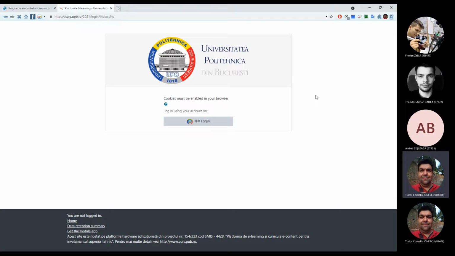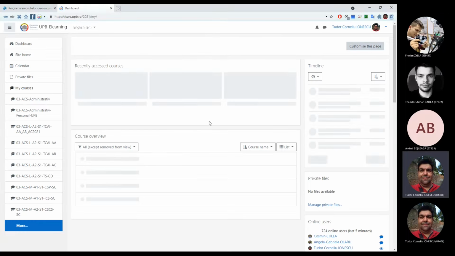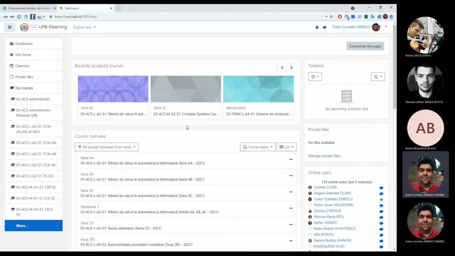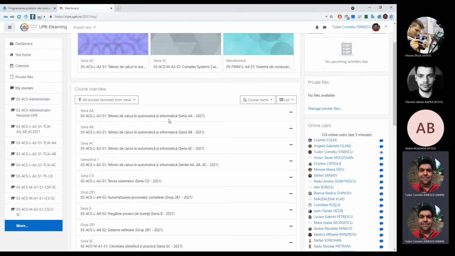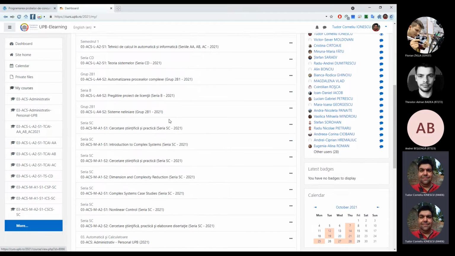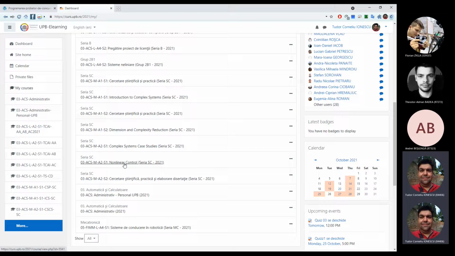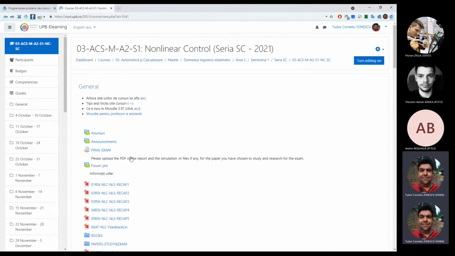Login. Complex, non-linear control systems. I see that this year they wrote them in English. Last year they wrote them in Romanian.